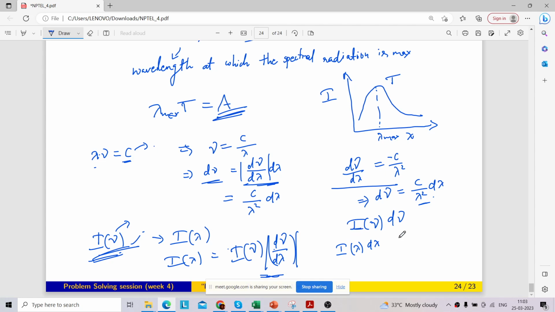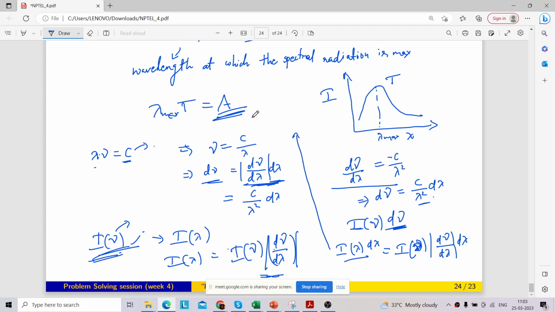So d nu form I got from here. As I am replacing d nu in terms of lambda, I can write d nu over d lambda times d lambda. So I lambda d lambda is I nu times d nu over d lambda.